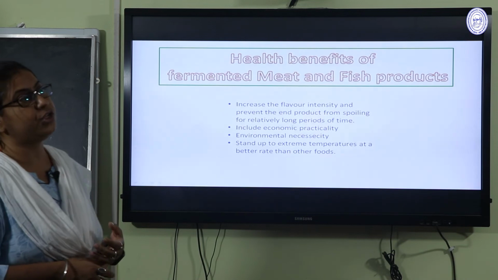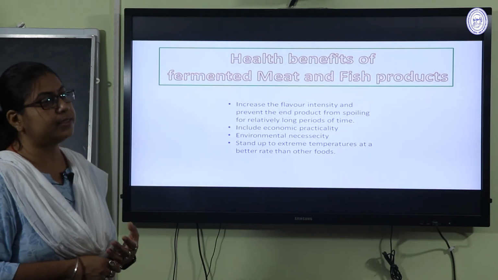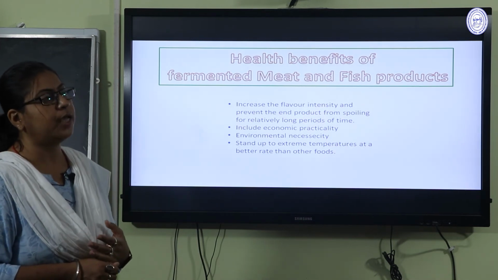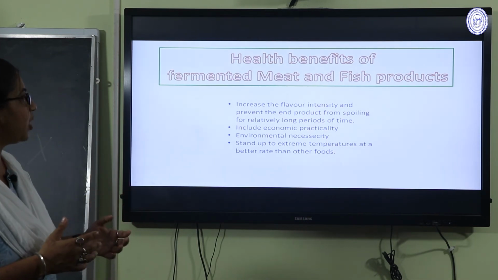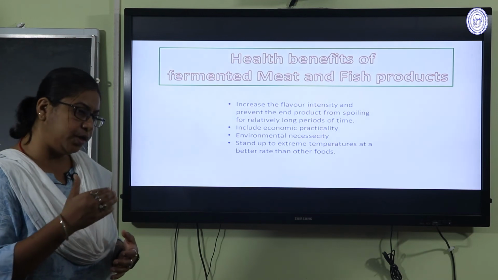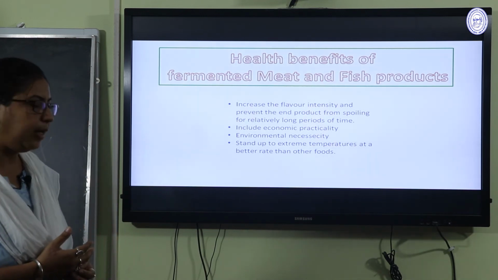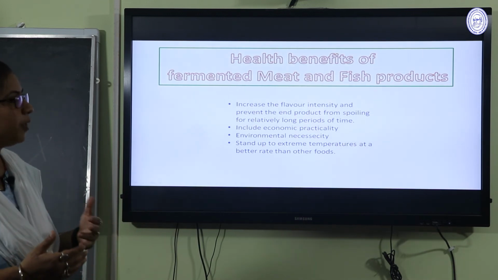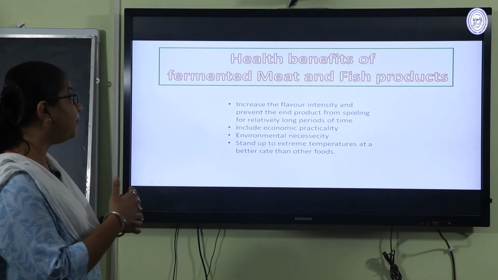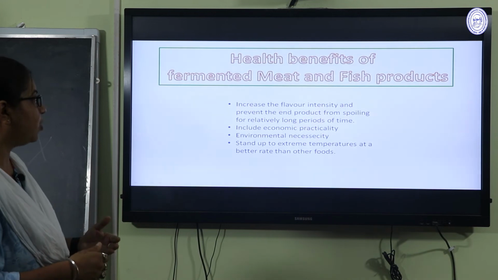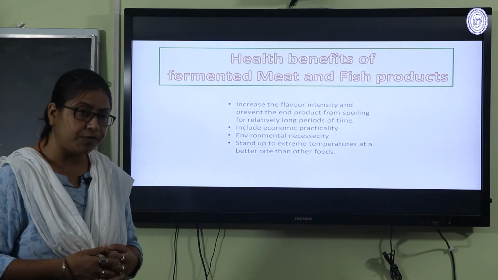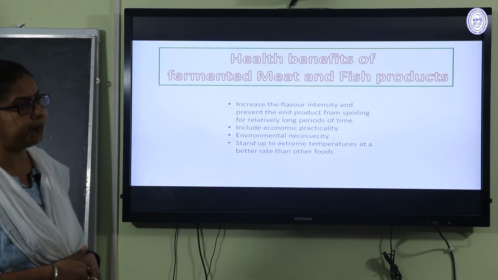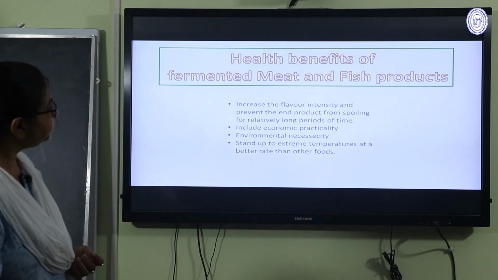Some geographical regions favor fermented meat and fish products because they store these products for a very long time, because they have environmental necessity and economic practicality. So these are the main health benefits concerning fermented meat and fish products. Economically very much feasible and also good for taste.